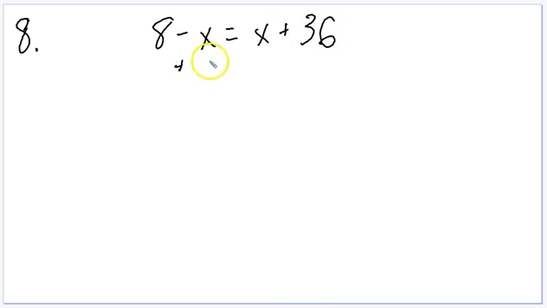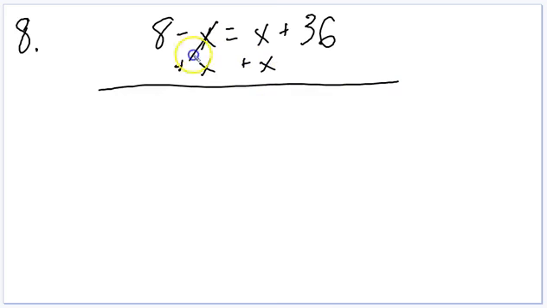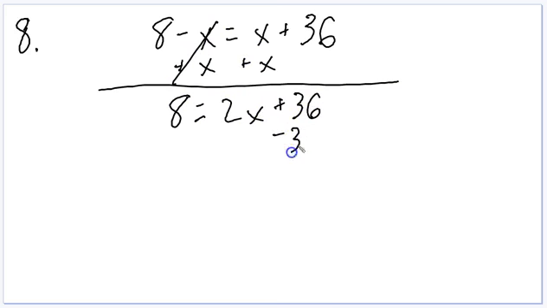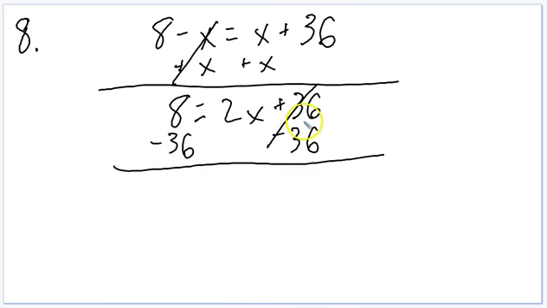You want to keep the variable positive, add the x over here. That's gone. I get 8 equals 2x plus 36. I'm going to subtract that. That's gone.